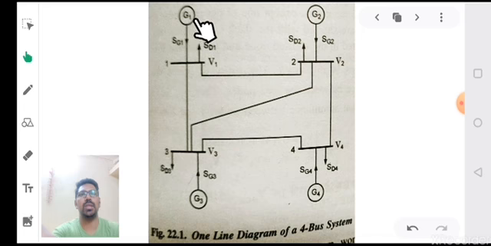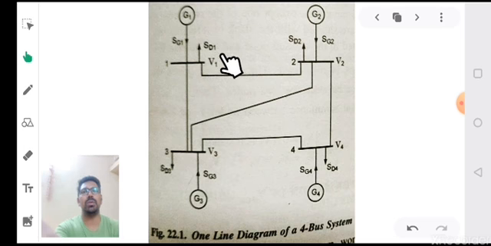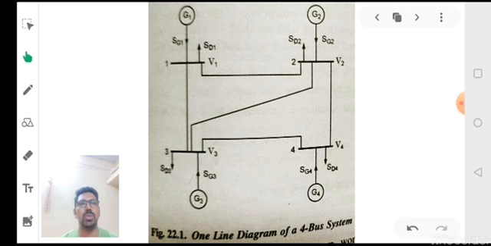There are 4 generators, G1, G2, G3 and G4, which are connected to these buses. SG1 is the generator power, and SD1 is nothing but the demand power, that means the load. V1, V2, V3, V4 are the voltages at the particular buses. V1 is the voltage at bus 1, V2 is the voltage at bus 2. So this is the single line diagram.